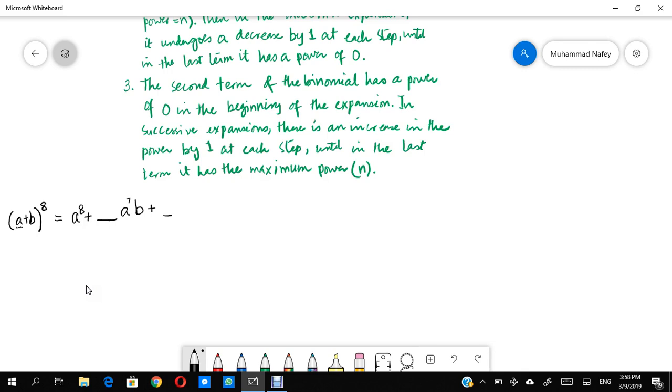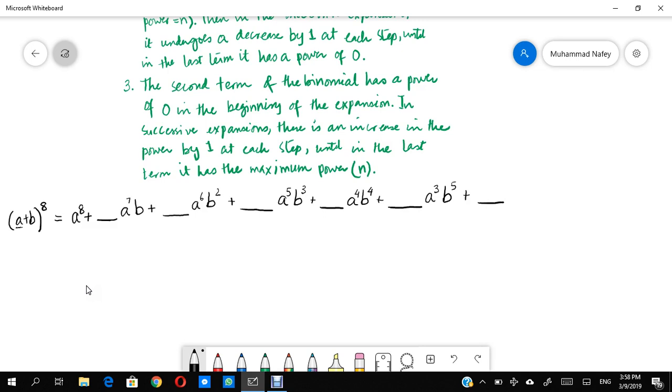In the third term, we'll have a binomial coefficient. The power of a undergoes yet another decrease, and the power of b goes through an increase. And similarly, things would continue. a to the power of 5, b cubed. Add a to the power of 4 times b to the power of 4. Add, we'll have our binomial coefficient, a cubed b to the power of 5.